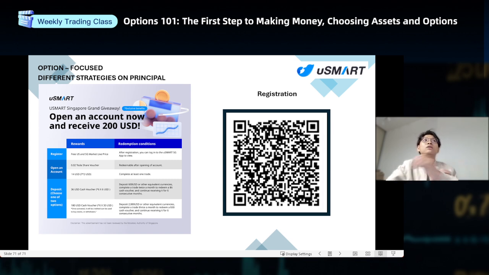In Friday's class, I will talk about how we make rocket money using options and what difference it makes compared to very steady wealth accumulation. Because rocket money is actually what people are looking for when they come into options.